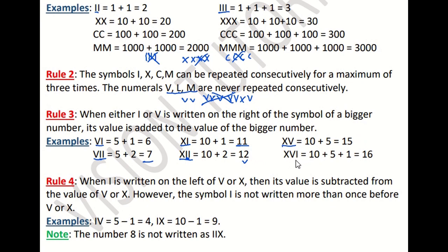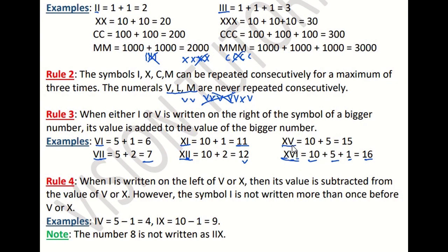XVI. Since they are in the right side, they will get added to X. How? See. 10 plus 5. V stands for 5. Next, I is equals to 1. When we add all of them, we'll get 16. So XVI is equals to 16. This is how we read the Roman numerals. This one is 6, 11, 15, 7, 12 and 16.